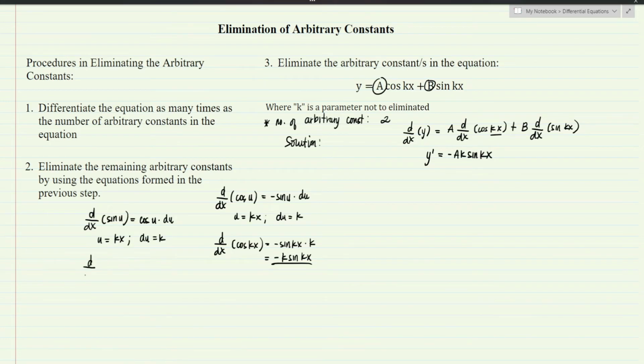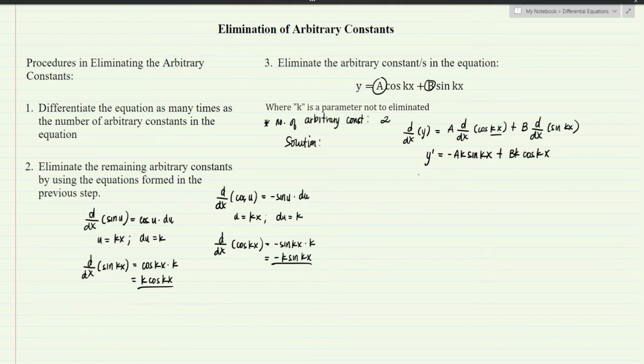So if I have here derivative of sine kx, it will be equal to cosine kx times k, or this is simply k cosine kx. So using this derivative of sine kx, I will have here my third term equal to b k cosine kx. So this is now my first derivative.